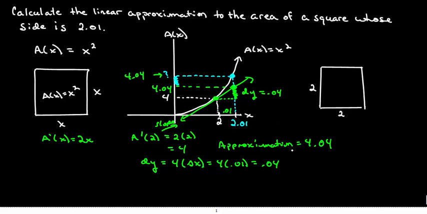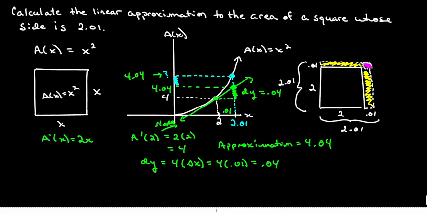What we've done by adding 0.04 is we've extended each of these guys by 0.01. So this side length is 2.01. This side length is also 2.01.